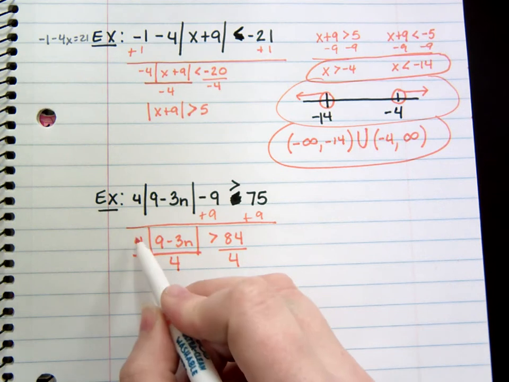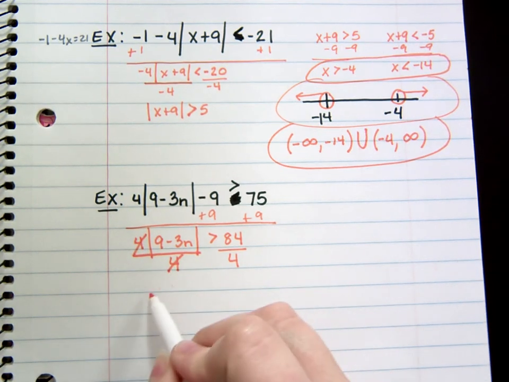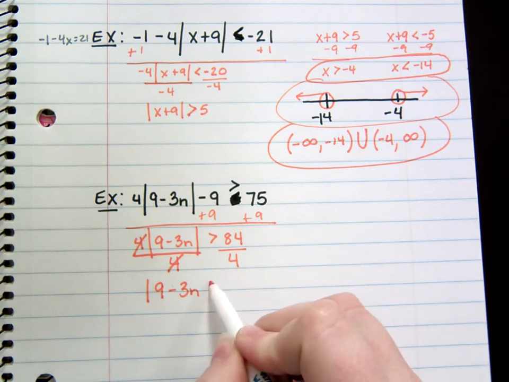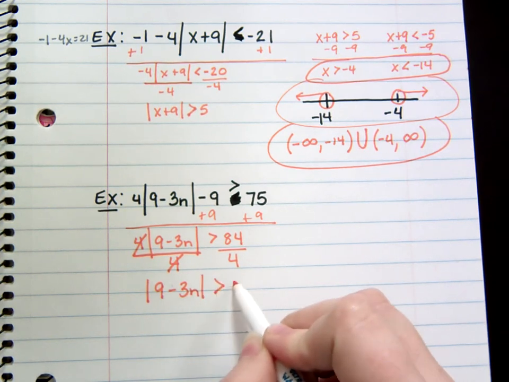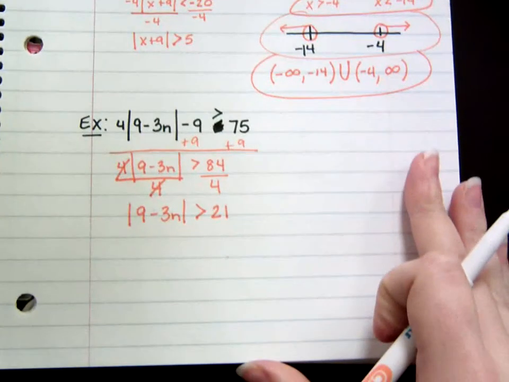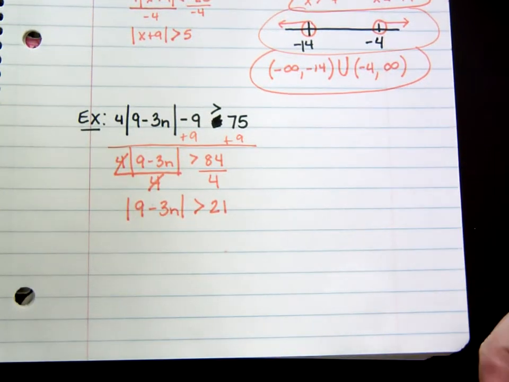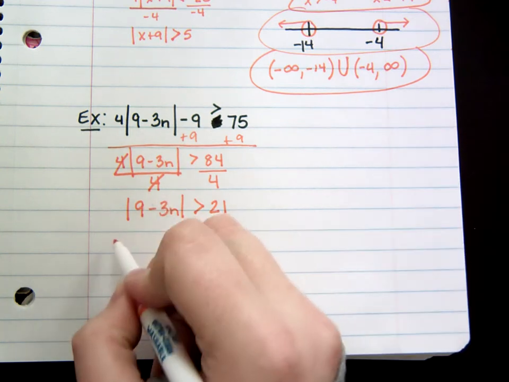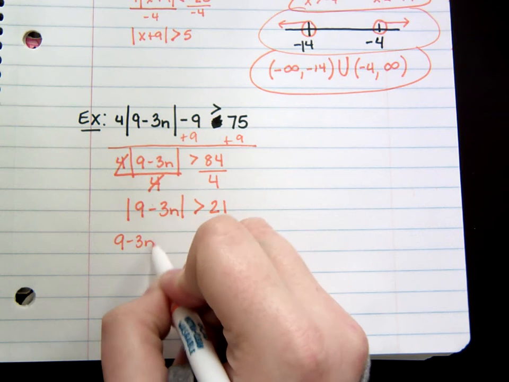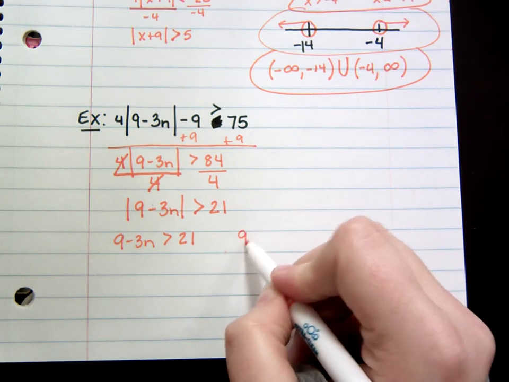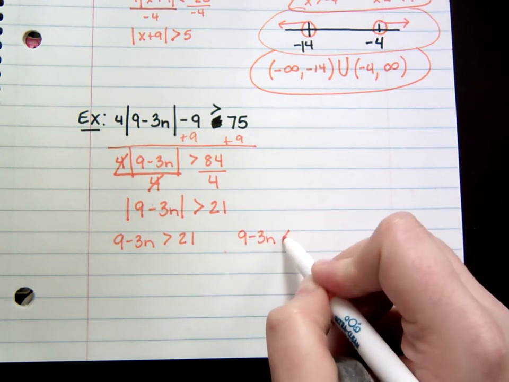This cancels the 4 out over here, leaving us with the absolute value of 9 minus 3n is greater than 21. So 2 cases. 9 minus 3n greater than 21. Change nothing for your first case. Second case, kiss. Keep it. Switch. Switch.